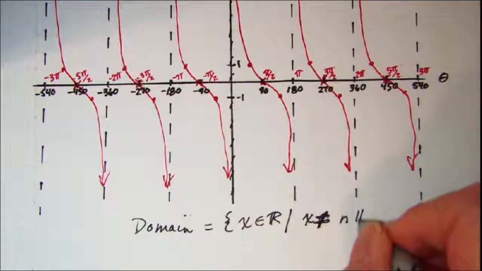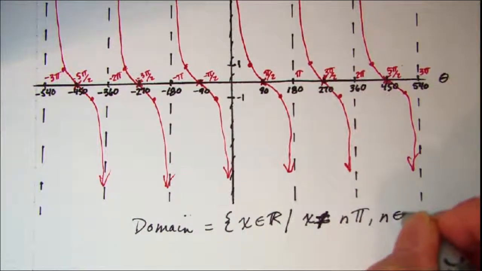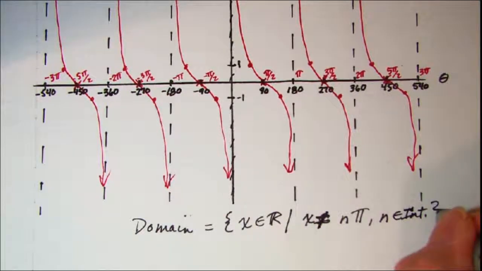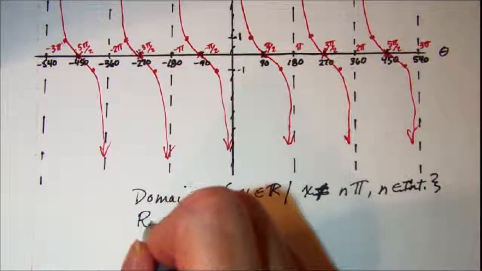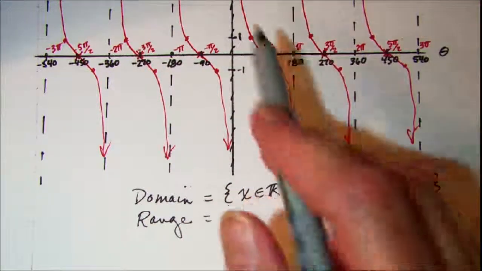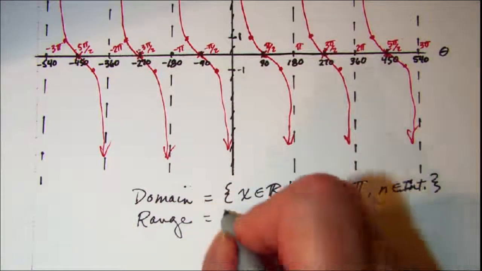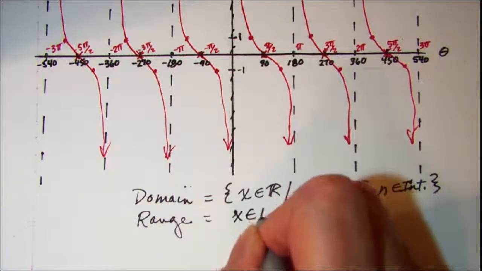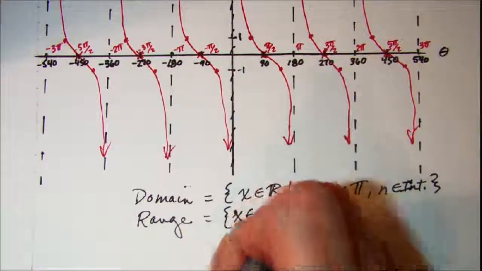So I can write n pi where n is an element of the set of integers. My range, there are no values up and down where the cotangent is undefined, so it's all real numbers. We can show that this way.